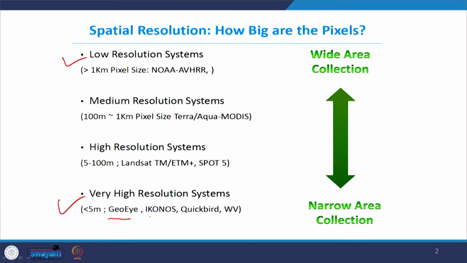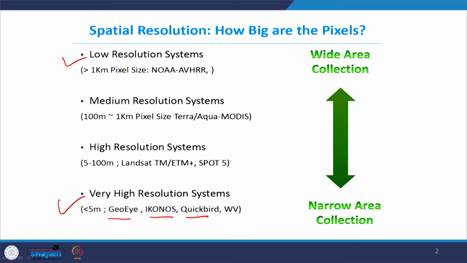Some of our Indian remote sensing satellites and some SPOT satellites also fall under this category now, because the data is available at less than 5 meter resolution. There are also satellites like GeoEye, IKONOS and QuickBird, which provide us multispectral data at very high resolution.